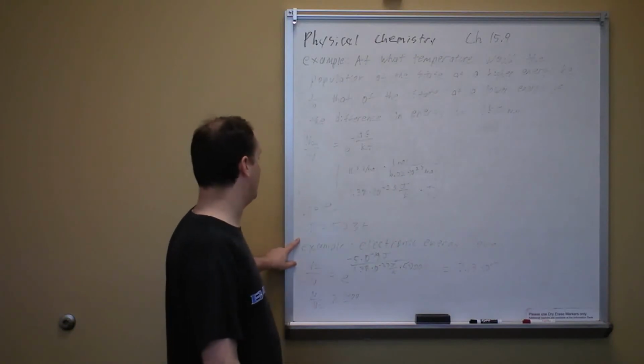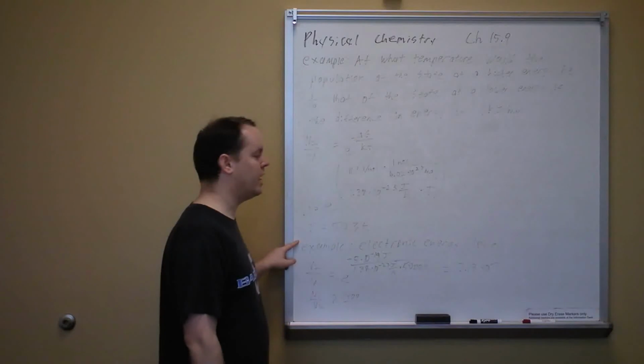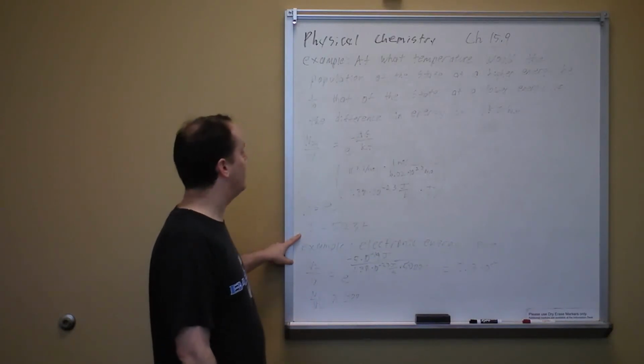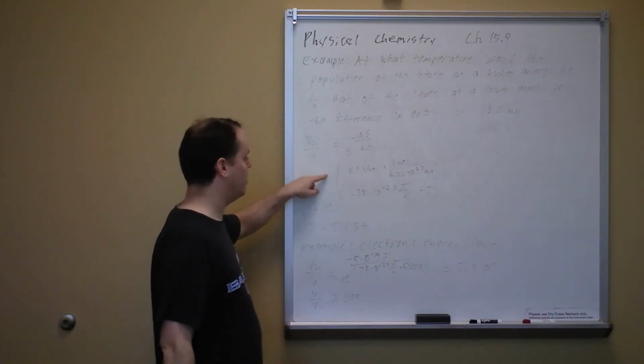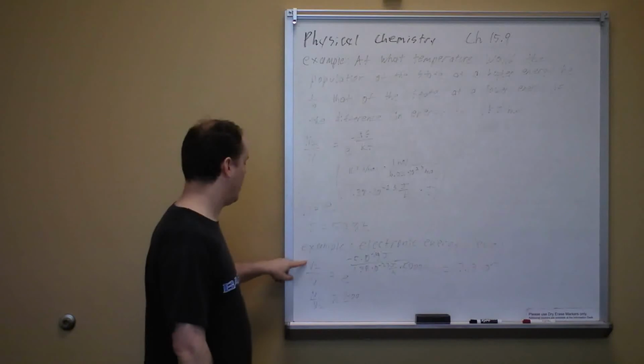As another example, what about the electronic levels? We've been ignoring electronic levels in this class so far, and the reason is that the difference between the energy levels, this delta energy, is huge. So here we go.